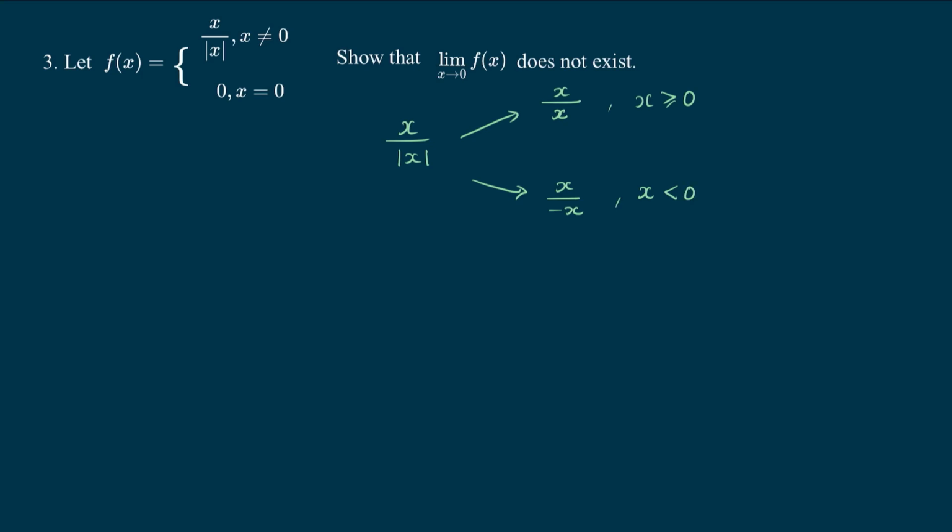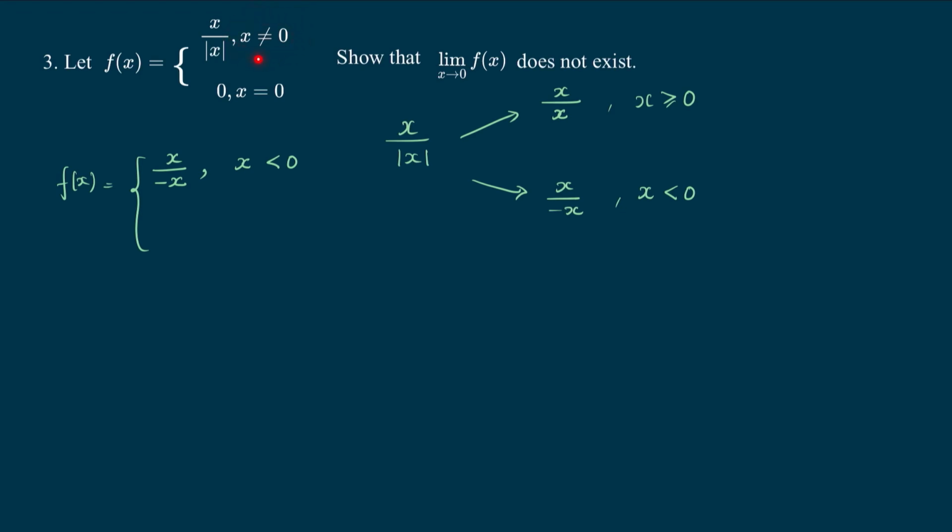Okay, so let me rewrite the question. So my question will be f(x) equals x over minus x when x is less than 0. As you see, the question has said x not equal to 0.